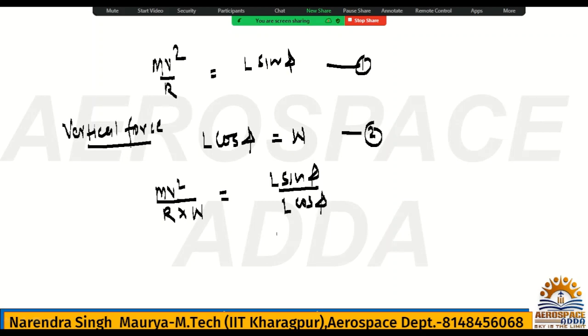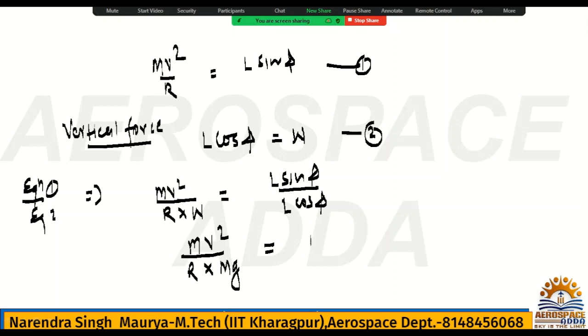You just divide equation 1 by equation 2. So what you will get? mv square by R by W, where W is the weight, mass into gravitational acceleration, is equal to tan phi. This is simple simplification only.